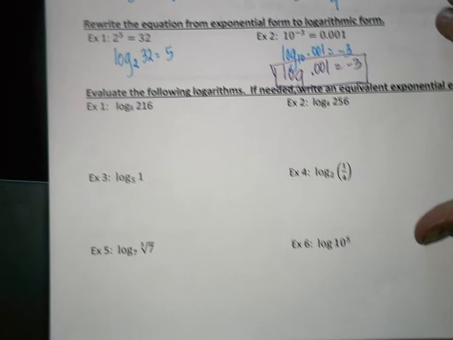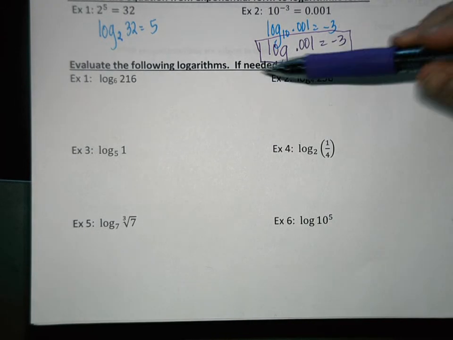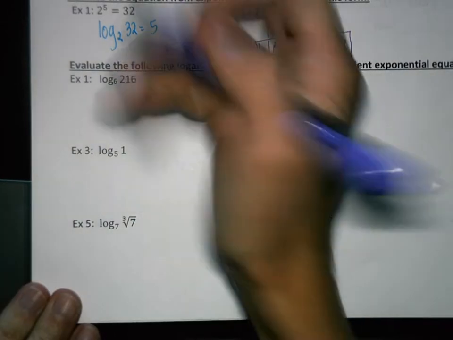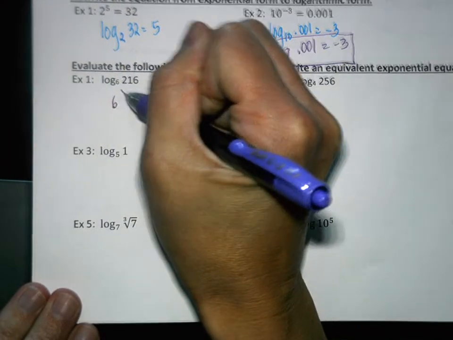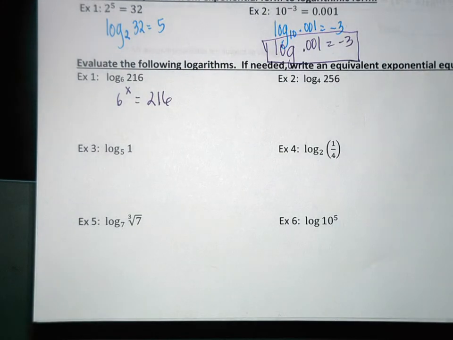Okay, for this next part, we would like you to evaluate the following logarithms. If needed, write an equivalent exponential equation. Again, remember this is saying 6 to what power equals 216. If you know the answer, wonderful.